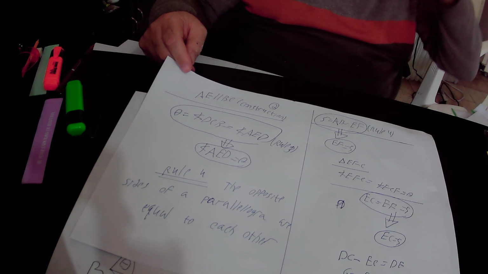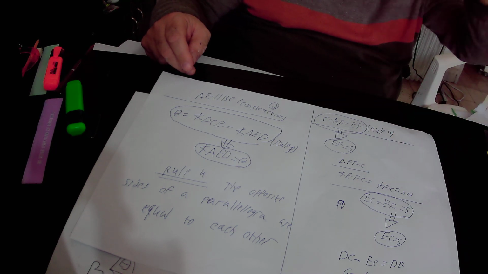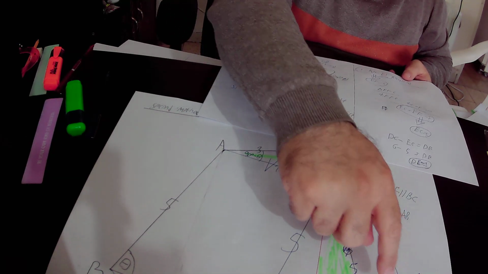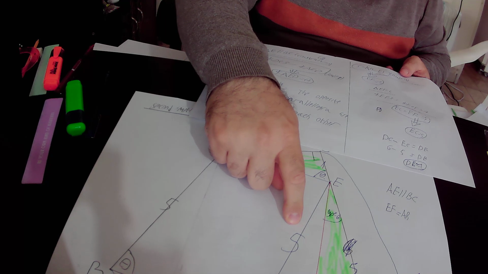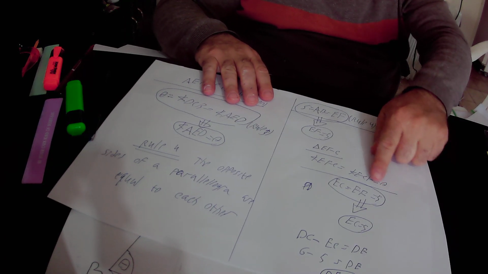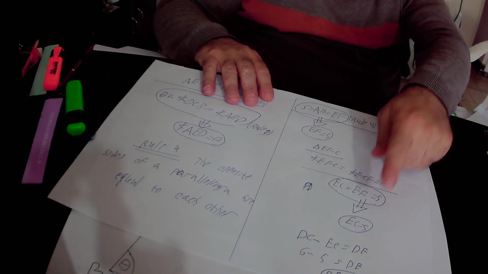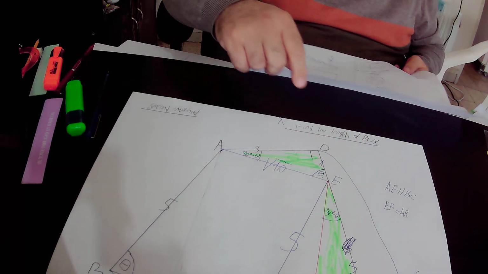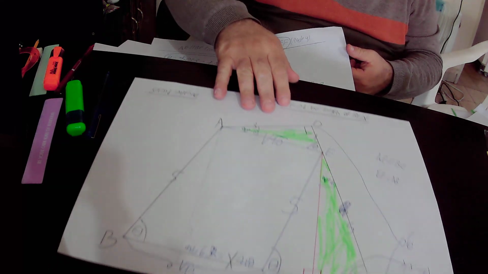Therefore EC must be equal to EF. But we already found out that EF equals 5 units. From this equation, EC equals EF equals 5, we derive that EC is also equal to 5 units. So we know that EC equals 5 units.